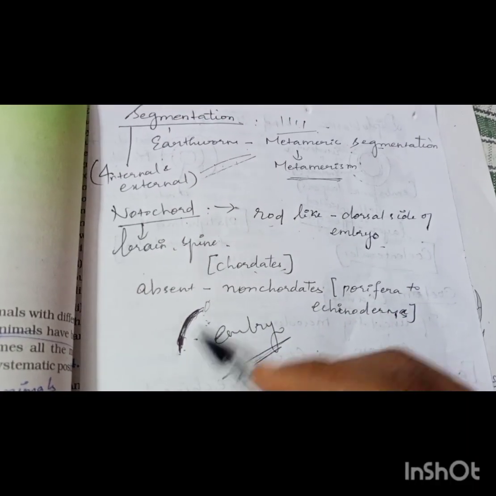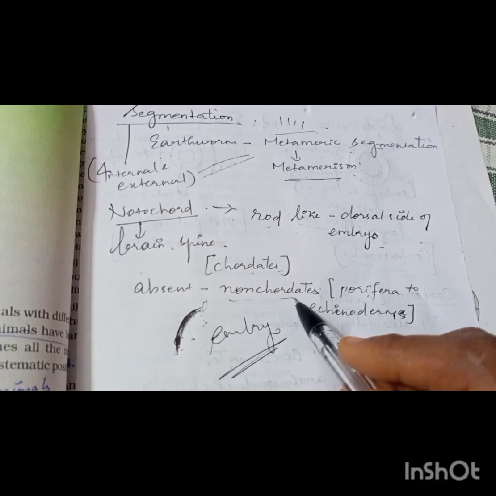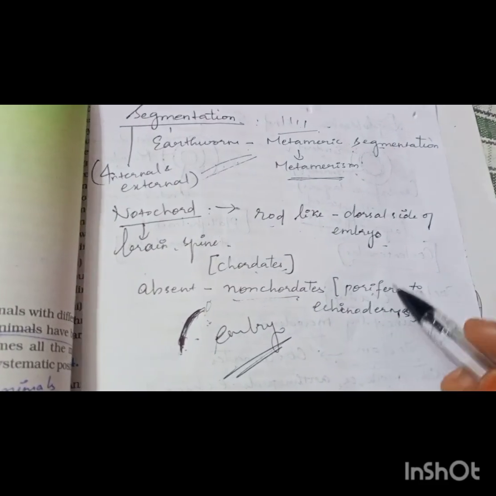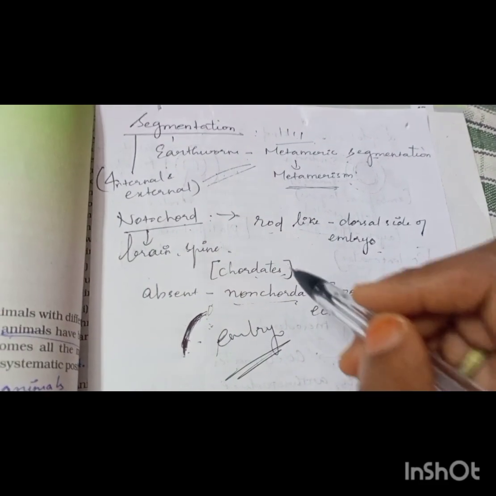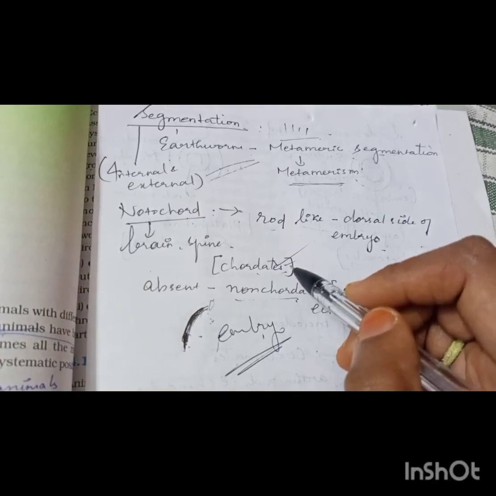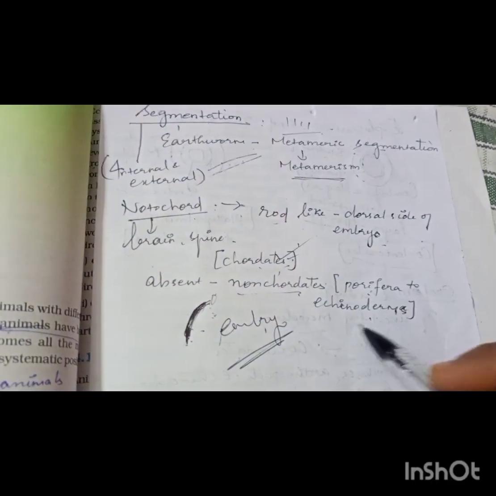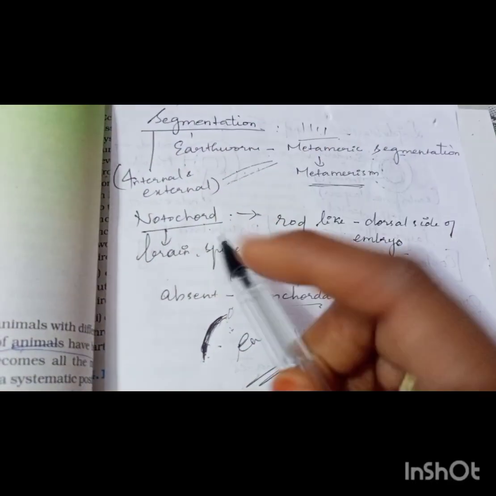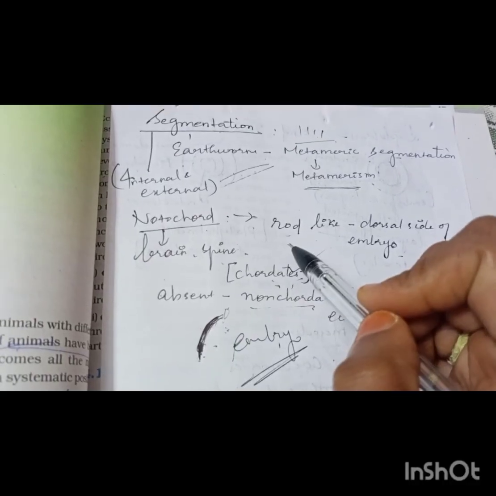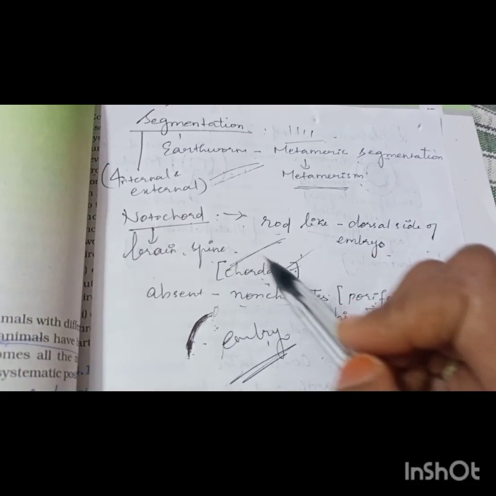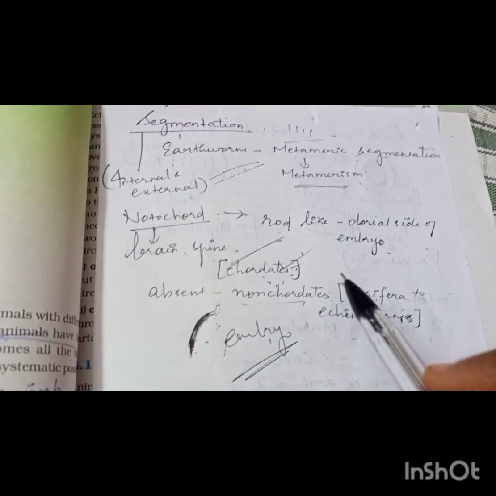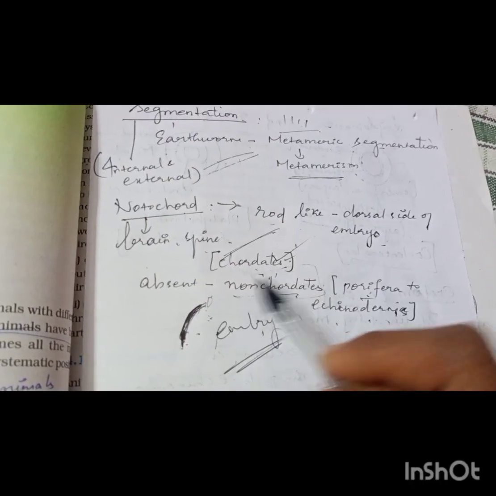So if this notochord is absent, those organisms are known as non-chordates. Example, porifera to echinodermata. Actually, these are advanced. If the notochord is well developed, that is an advanced one, and these are primitive ones. It's very easy. If the organism is having a spinal cord or vertebral column, that is chordates. If the vertebral column or the spinal cord is absent, those organisms are known as non-chordates.